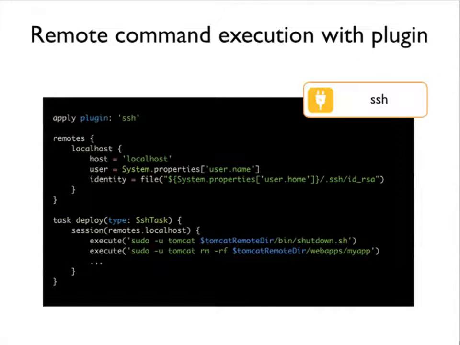Just to give you an idea how you could model such a push deployment. In this case, we are using an open source plugin called the SSH Plugin, which allows you to run SSH operations against a remote machine. So in this case, we are operating apparently against a Linux or Unix machine. And you can see we can define multiple remotes here.